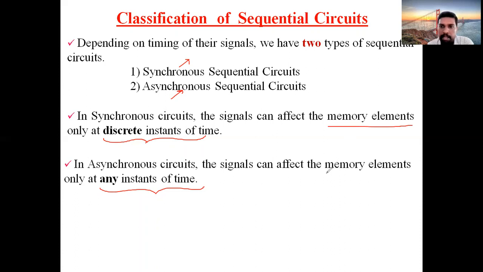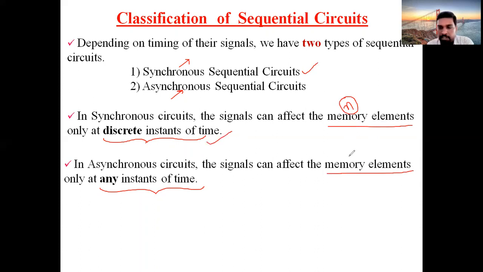When these memory elements are operated with a common clock pulse or common timing signal, you call it synchronous. That means if you have n memory elements, all n memory elements are operated by a single clock pulse.